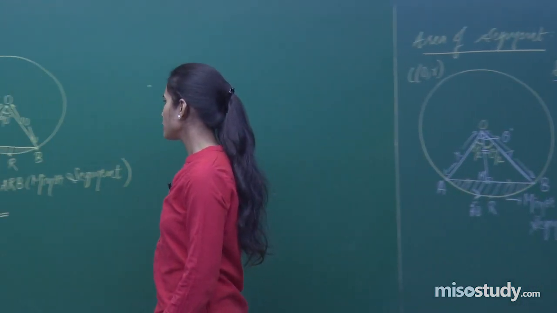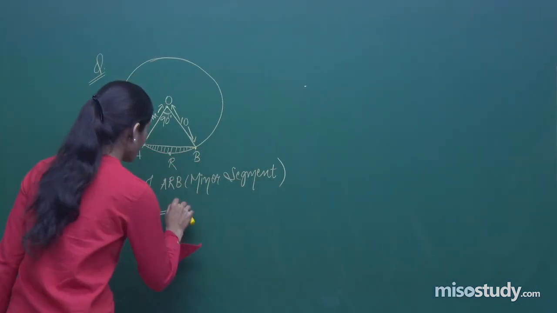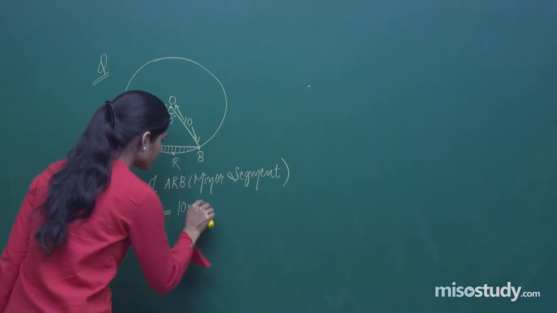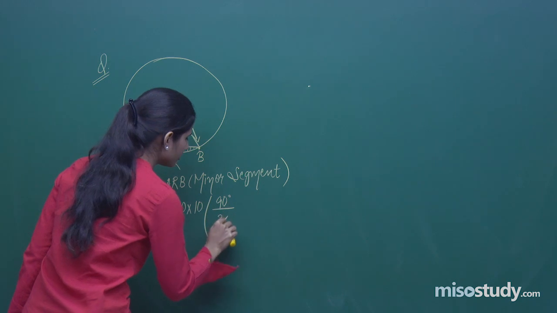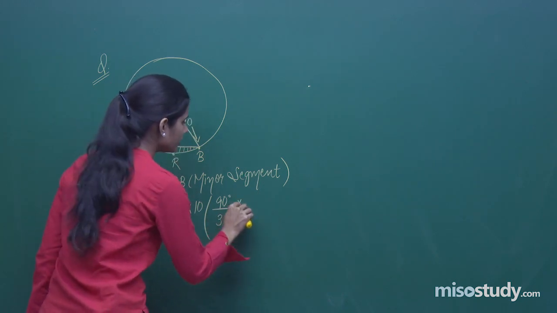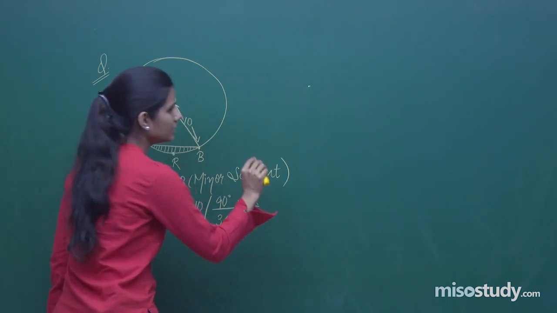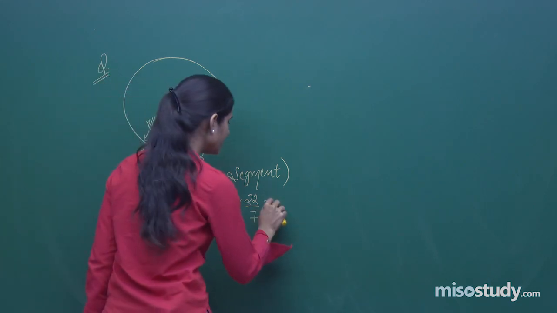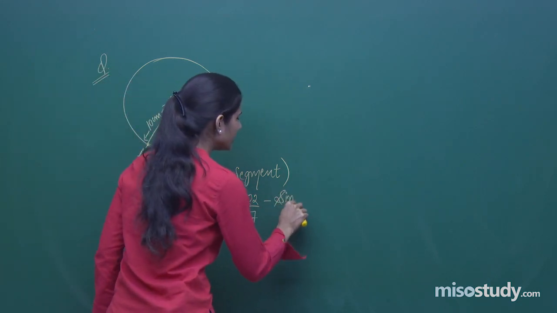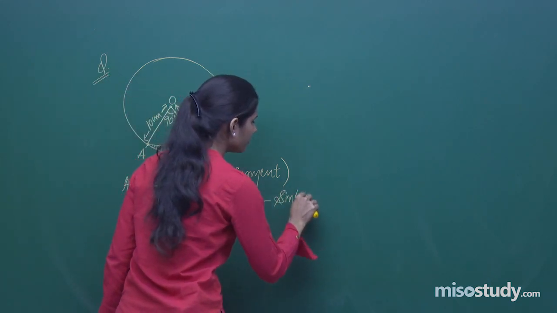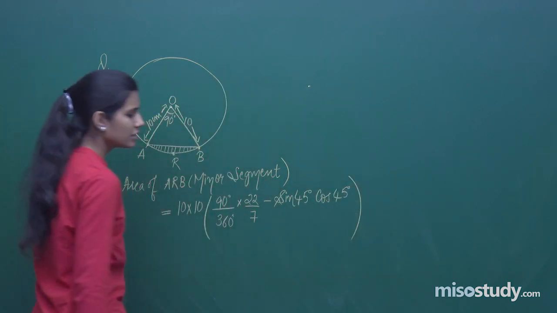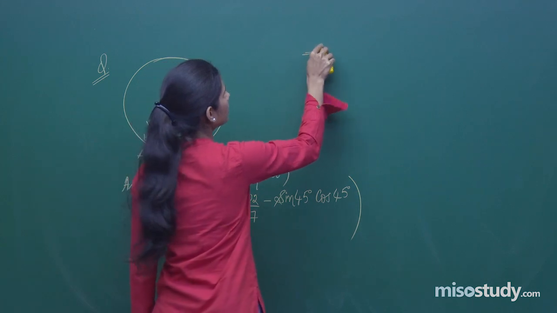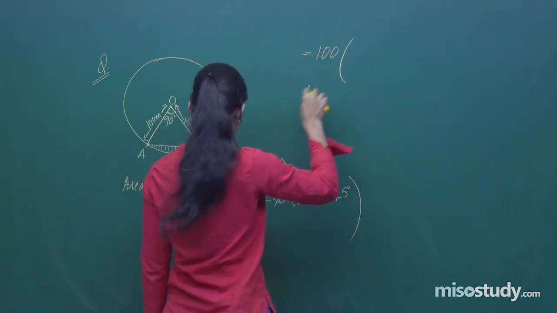So you have r square, that is 10 square, theta by 360, so 90 by 360 into pi minus sine theta by 2, that is sine 45, cos theta by 2, that is cos 45. So you have 10 into 10 is 100.